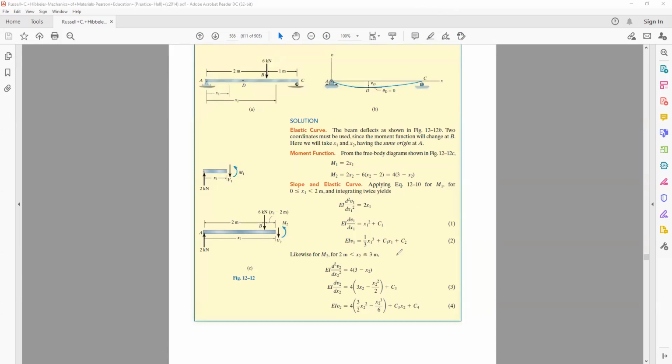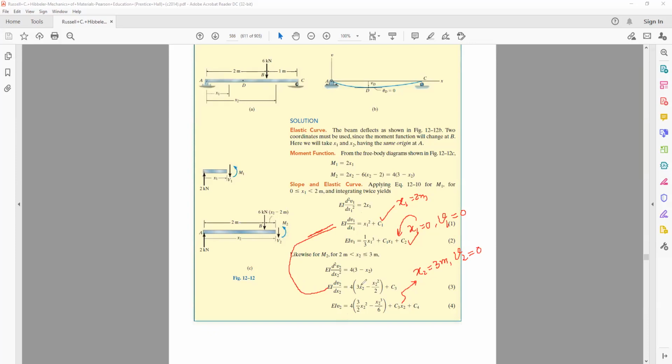In this very equation, you will substitute x1 is equal to 0, nu1 equal to 0. This equation will be subject to the first condition. This equation will be subject to the second condition, x2 is equal to 3 meter, nu2 equal to 0. This equation, that is d nu1 by dx1 at x1 is equal to 2 meter, is equal to this equation. These 2 equations are same.